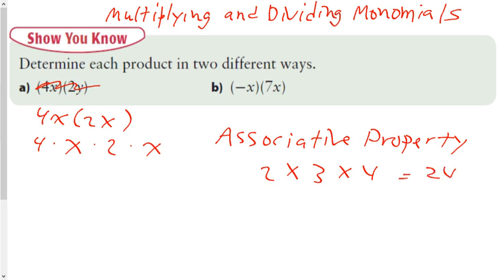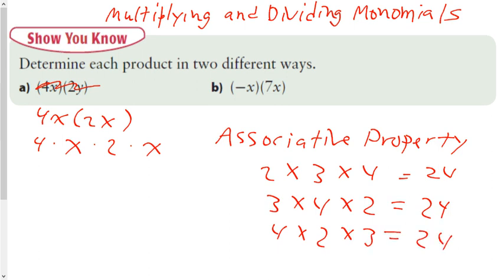But according to the associative property, the order in which I multiply those terms, I can go 3 times 4 times 2, and I'm still going to get 24. Or I can go 4 times 2 times 3, but I'm still going to get 24. So when you have a multiplication string of numbers, the order in which you multiply does not change its value. That's what the associative property of mathematics states.